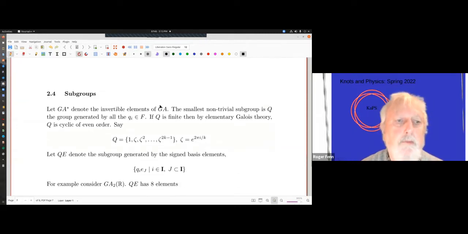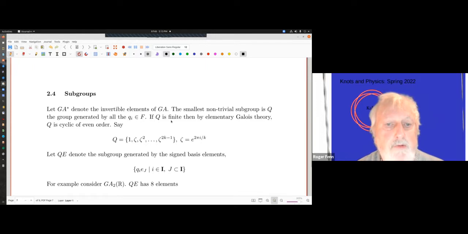Subgroups. Okay. So we'll let GA star denote the invertible elements of GA. The smallest non-trivial subgroup we'll call Q, and this is the group generated by all the Qi in the field. If Q is finite, then by elementary Galois theory, Q is cyclic.